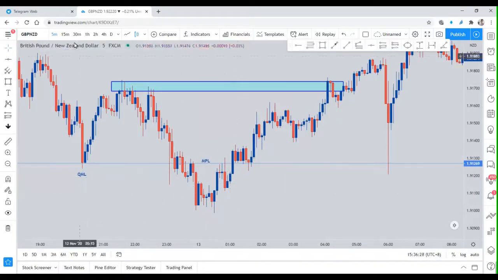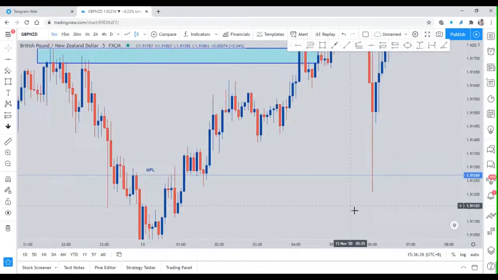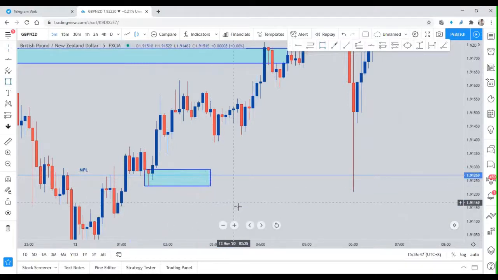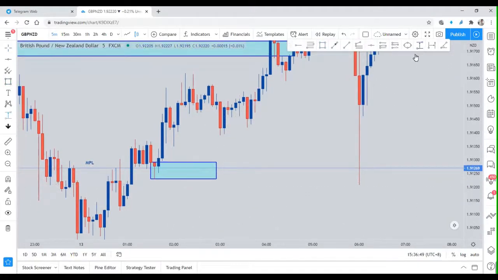Since this is already M5, I won't be going any further down. Next, where is my fresh demand zone? I have it over here. This is my fresh demand zone. Very, very fresh. Then what is my stop loss?